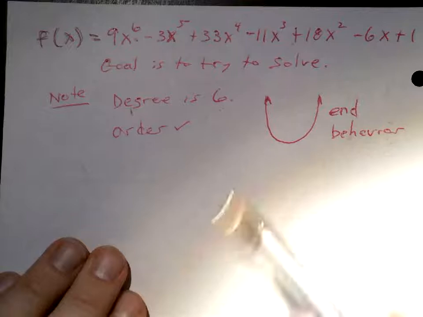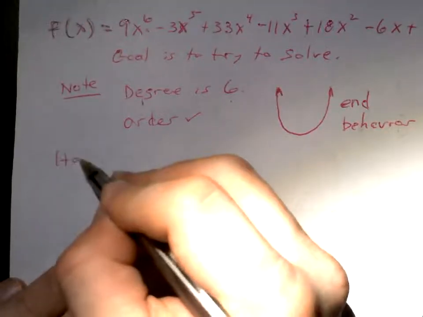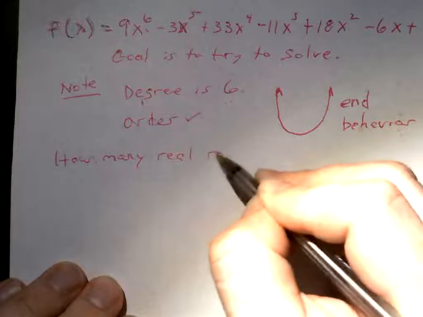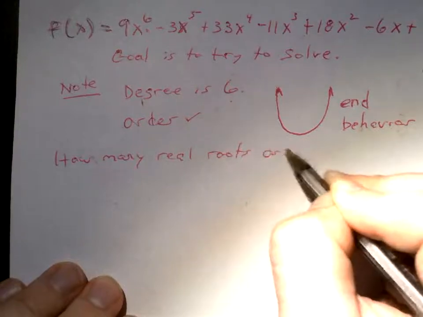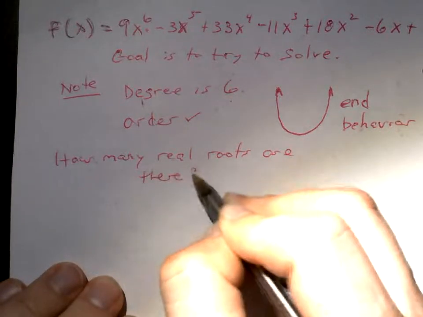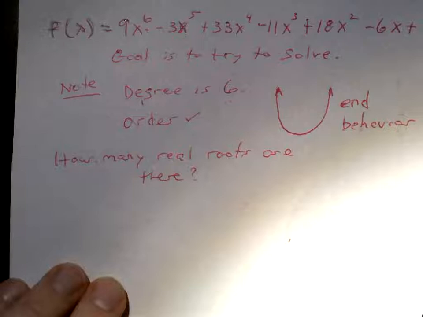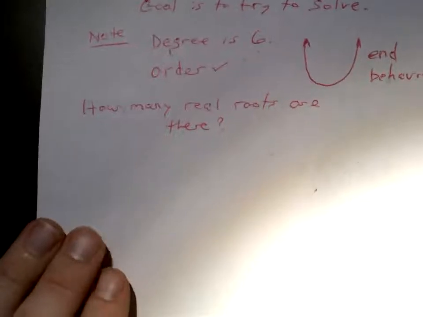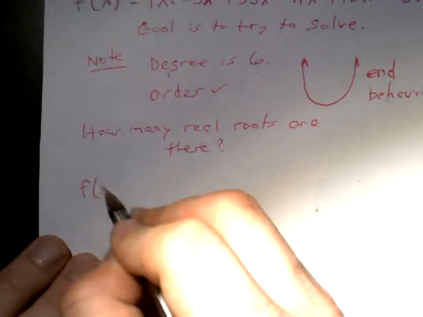So let's see how many real roots there are. How many solutions? How many x-intercepts possibly? Okay, so here's the idea with this. We're going to put down the same function.